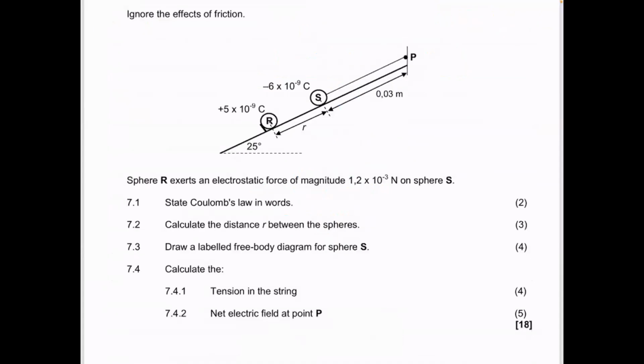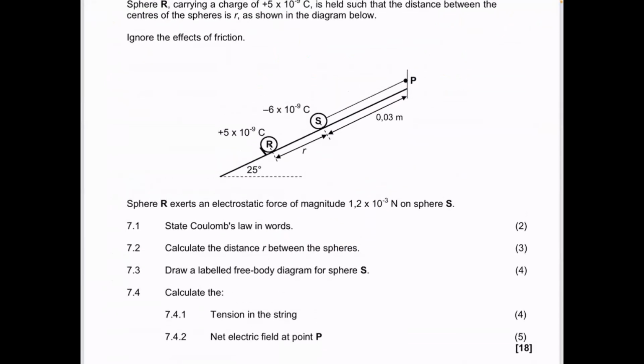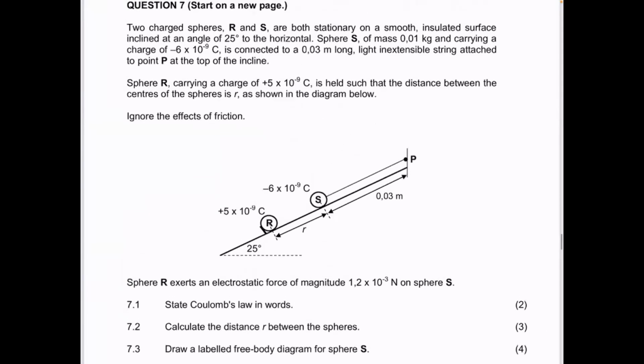So the next question is, draw a labeled free body diagram for sphere S. Okay, so if we look at sphere S, remember what they said? They said two charged spheres are both stationary on a smooth insulated surface. So S is resting on a surface. So whenever we have this charge, we know we're going to have some weight acting vertically downwards.